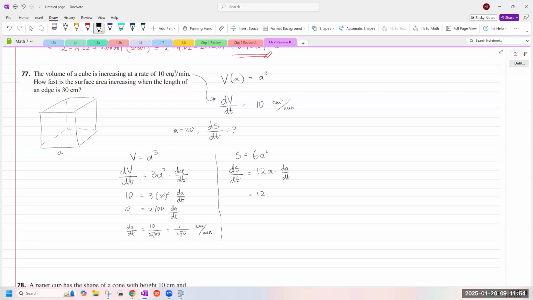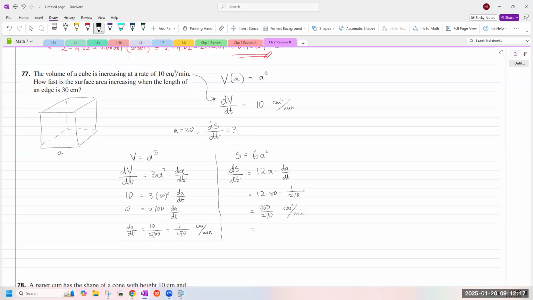Okay, oh, now we get it. That's 12 times 30, that's the a, and the da/dt we got earlier, that's 1 over 270. Let me just multiply this. This is 360 over 270. The units must be square centimeters per minute.